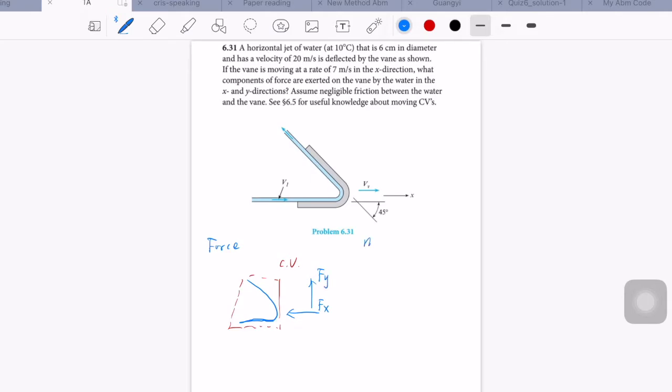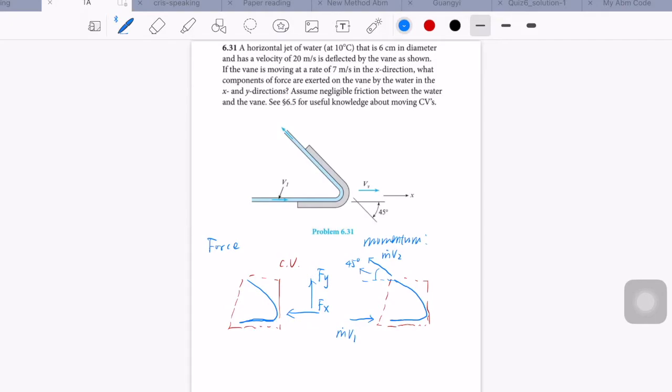And for the momentum diagram, this is the CV. Well, from the problem, we know that there is m dot times v1, and this is m dot times v2, and we know the angle is 45 degrees.